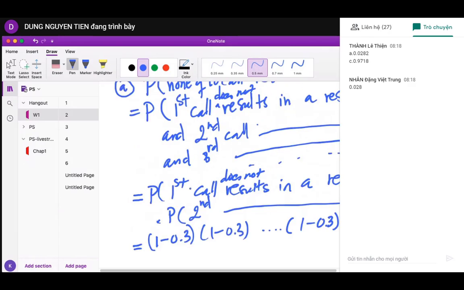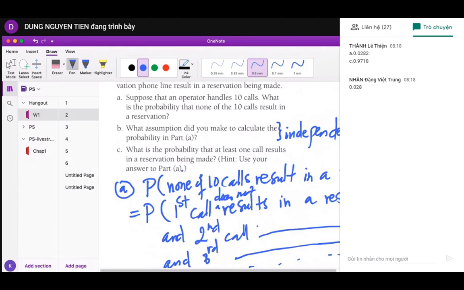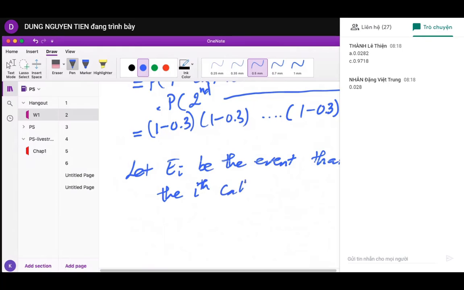Well, if you want to give a brief solution, then you should say it this way. Let Ei be the event that the ith call does not result in a reservation.